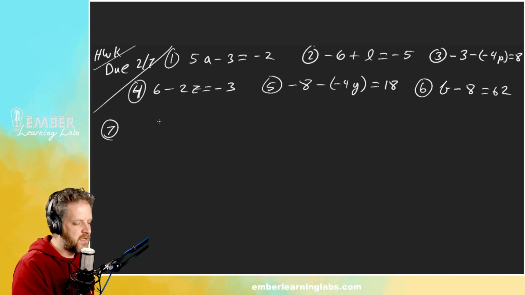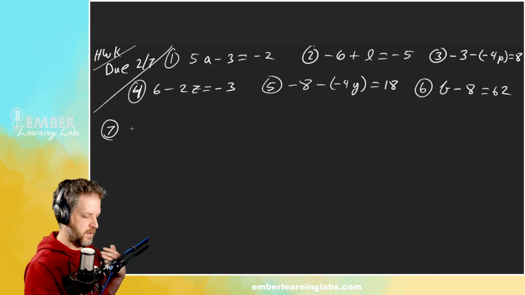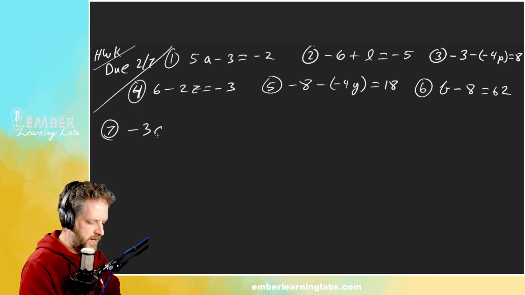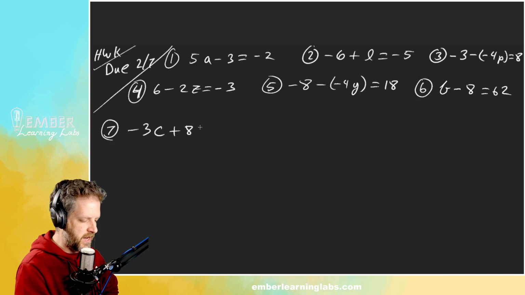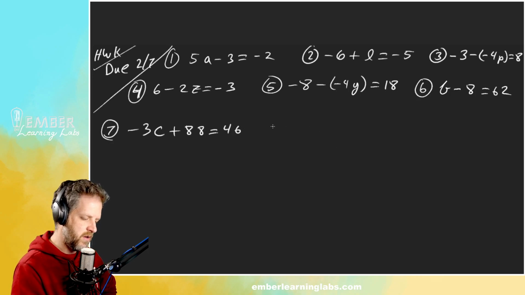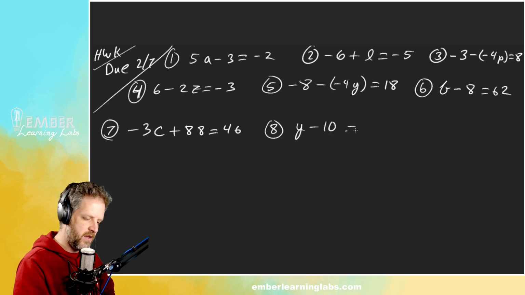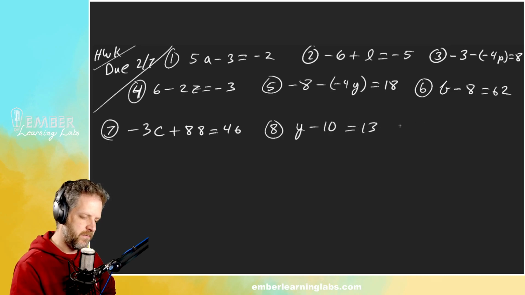Number 7 is -3c plus 88 equals 46. Number 8 is y minus 10 equals 13.